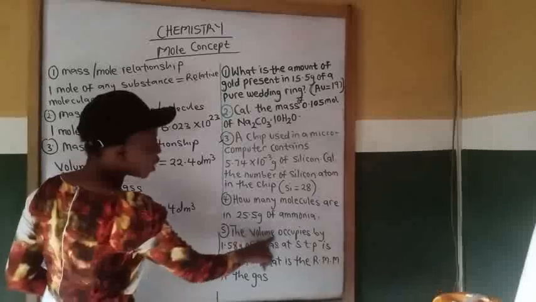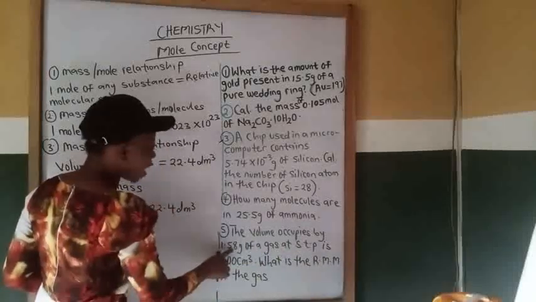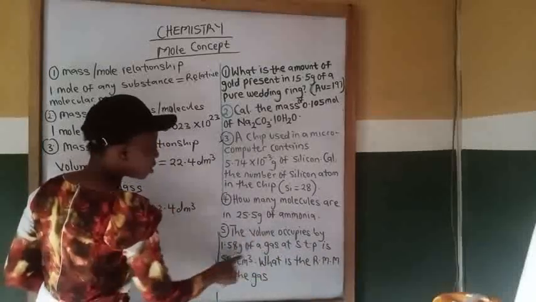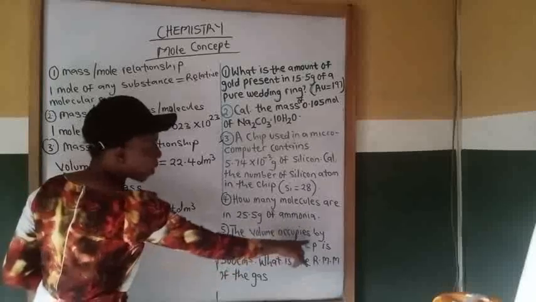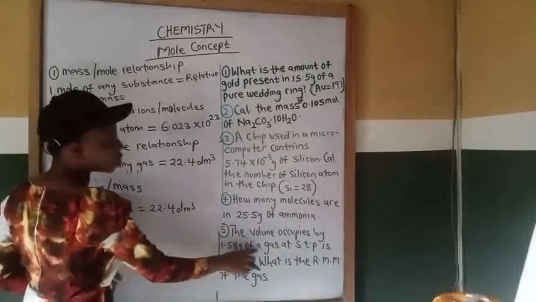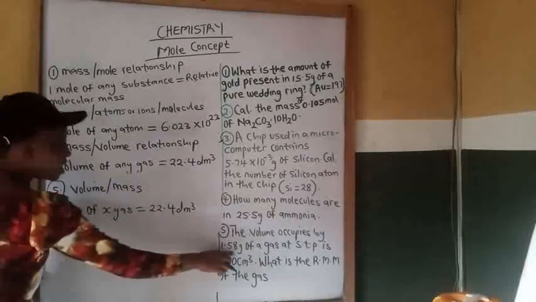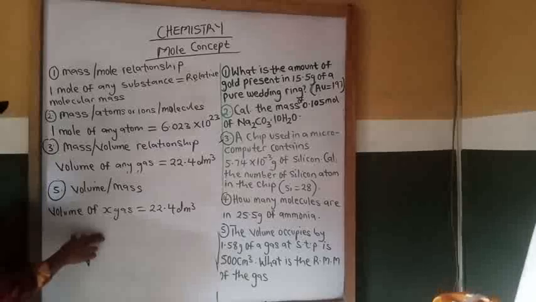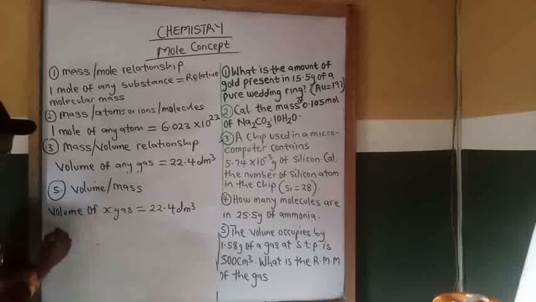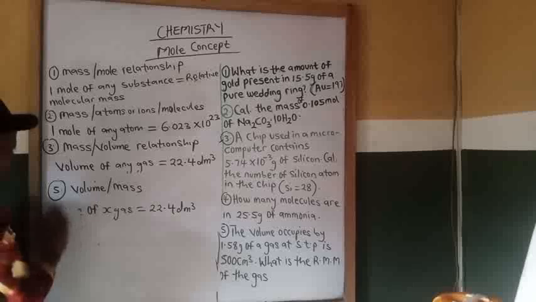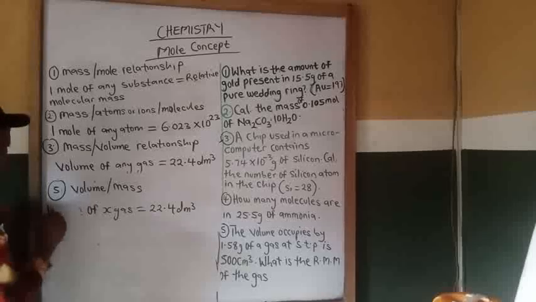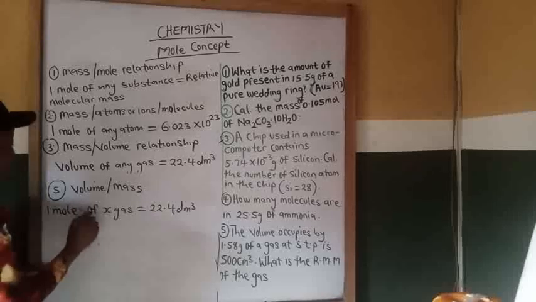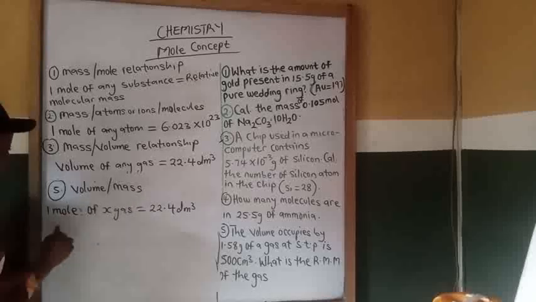The volume occupied by 1.58 grams of a gas. So the mass in gram is 1.58. Come under here and write your mass in gram. Let's say 1 mole of X gas has a mass we don't know.